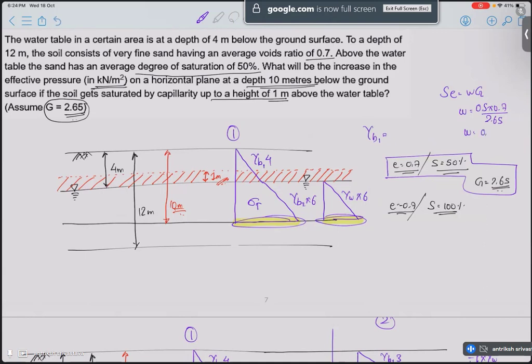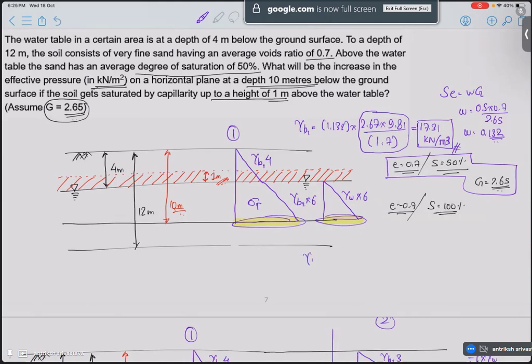So I'll just write in decimals, 0.132. And gamma B1 is equal to 1.132 into 2.67 into 9.81 divided by 1.7. So this expression is for bulk density, and when you solve this, you are going to get your gamma B1 as 17.31 kilonewton per meter cube.